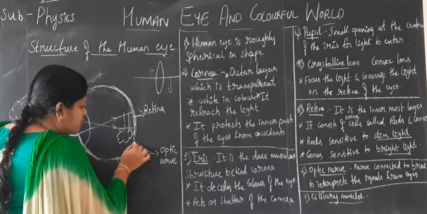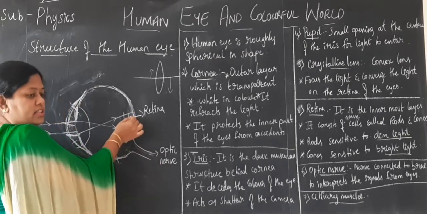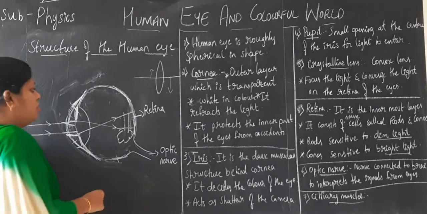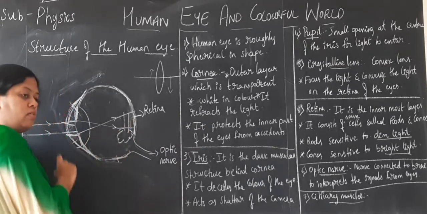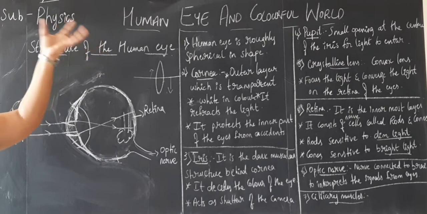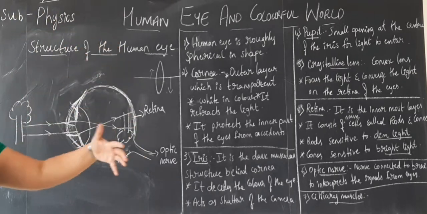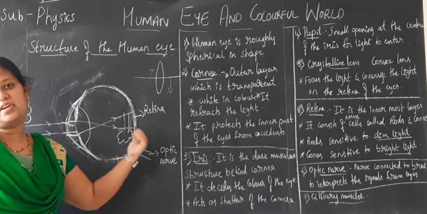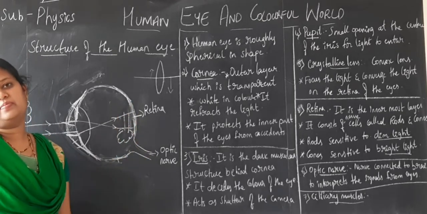But the signals, the rods and cones, the nerve cells present in the retina, just now I said, isn't it? Those nerve cells, rods and cones, will detect the color of the object. The leaves are green, fruits are red in color, the branch is brown, all that will be sensed by the rods and cones present in the retina.